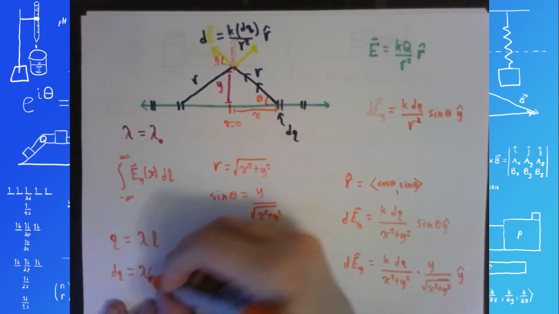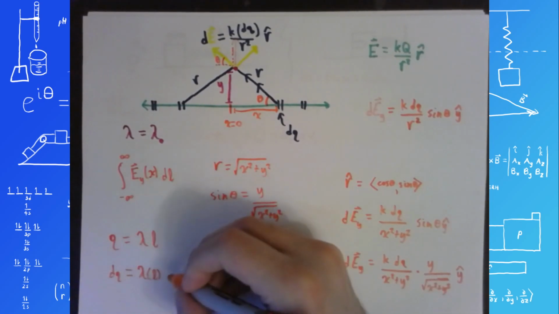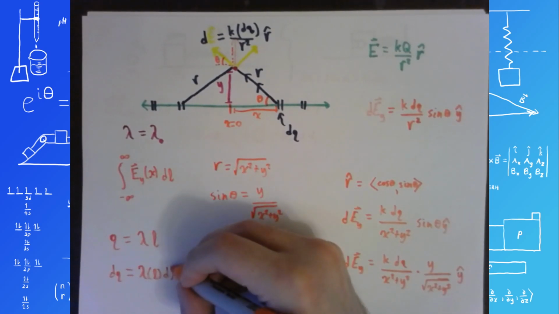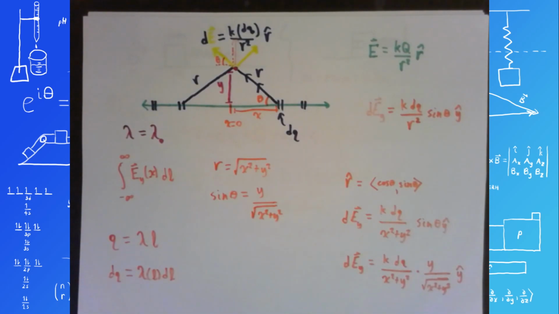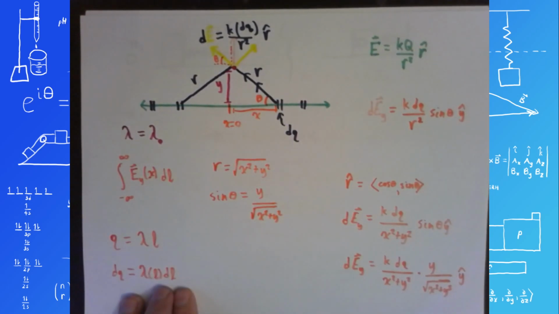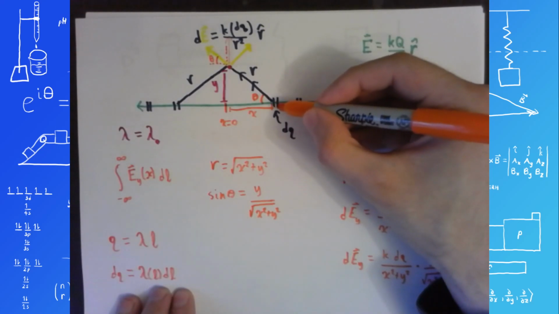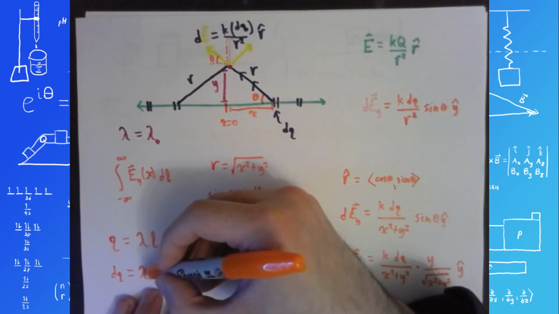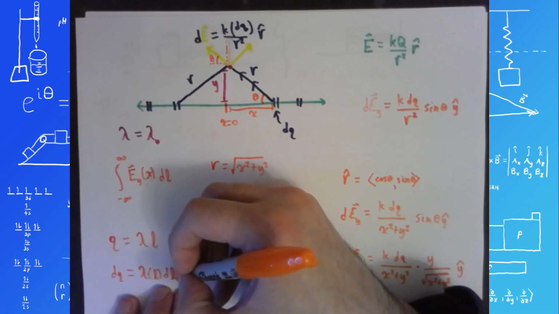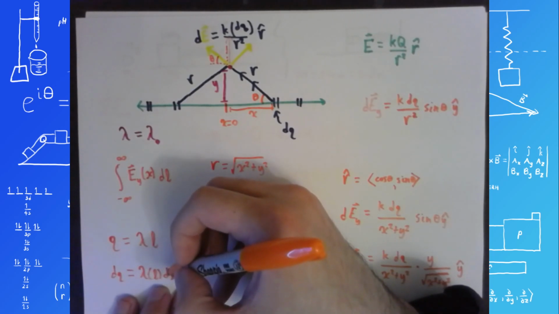your charge density, which would be some sort of function of L, times a tiny change in L over a very small length. The charge density, even if it was not constant, over a sufficiently small length, it's approximately constant.